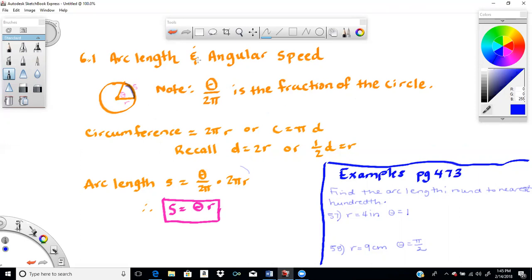Now that we looked at the arc length, let's look at the examples in your book. This is on page 473, number 57. It says, find the arc length of a circle with the given radius r and the central angle theta. Give the answer in the given unit of measure and round decimals to the nearest hundredths. Here the radius is 4 inches and theta is 1.